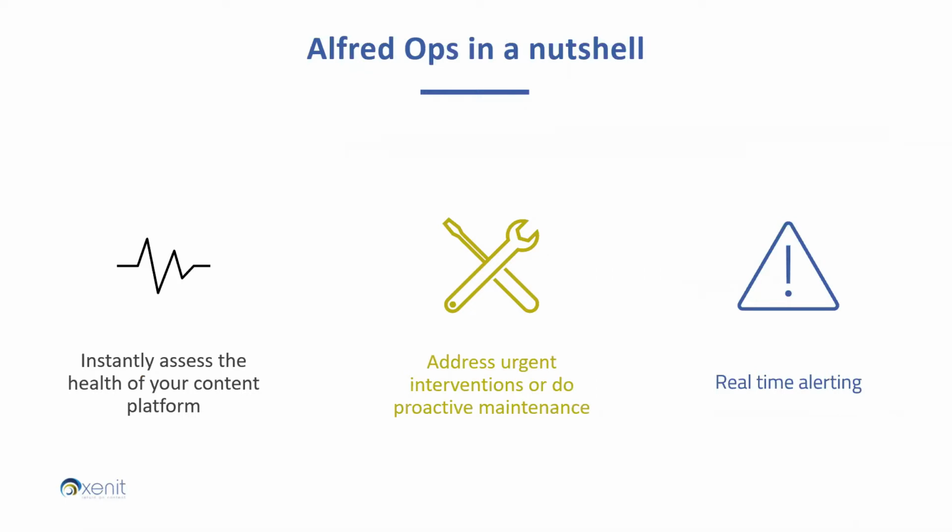It's not just assessing health, it's also about urgent interventions or proactive maintenance. So these tools really help you during an intervention to focus on the real problem, to fix that, and in the future, of course, to try to predict and anticipate problems and avoid them. Avoidance is the best solution for how to solve your most urgent performance problems.